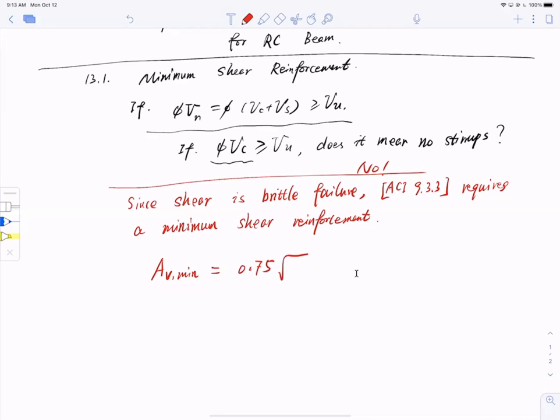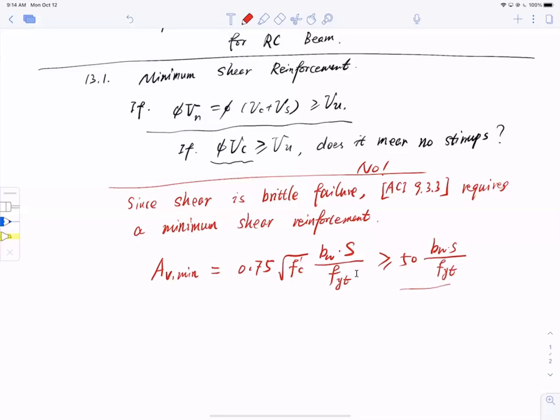And this Av min is equal to 0.75 square root of f'c, times bw, which is the width of the web, multiplied by s, the spacing between stirrups, divided by fyt, the yield strength of the stirrups. And this minimum has to be bigger or equal than 50 bw s divided by fyt.